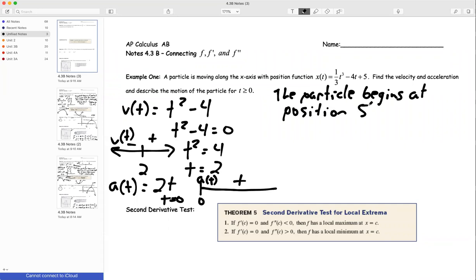How do I know this? How do we get the initial position? If I plug 0 in for t, I get 0 minus 0 plus 5. So it's going to begin at position 5 and moves which direction?